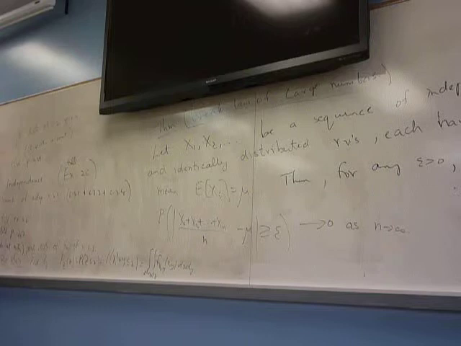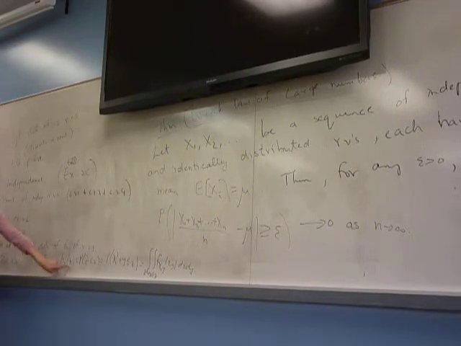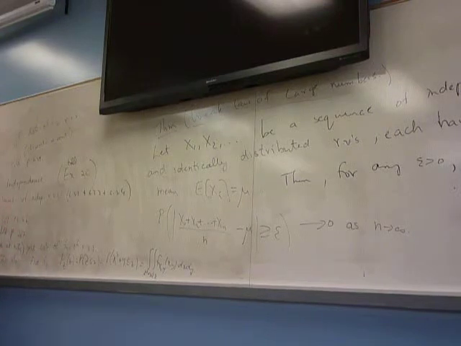Your answer should be in terms of this z, then differentiate with respect to little z and you get the density function. So that's the method I want you to look at. So that finishes chapter 6.